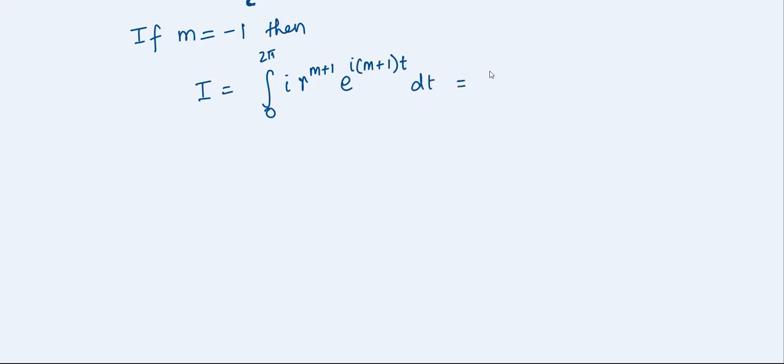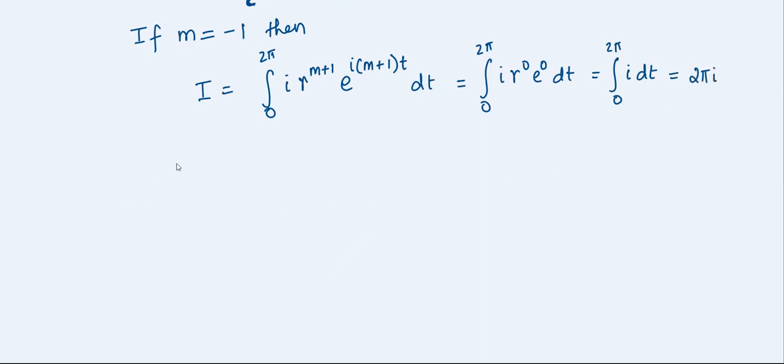Because m plus 1 is 0, we get R power 0 and e power 0. So you get i dt, so you get 2 pi i.